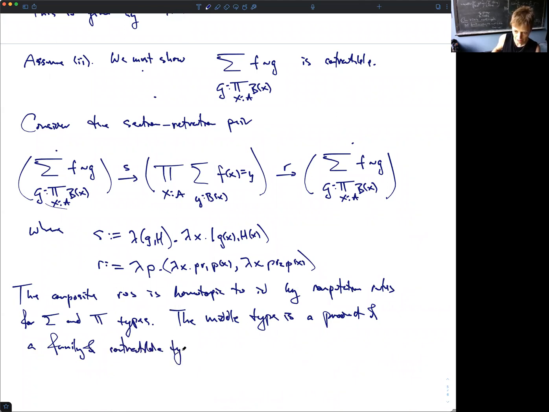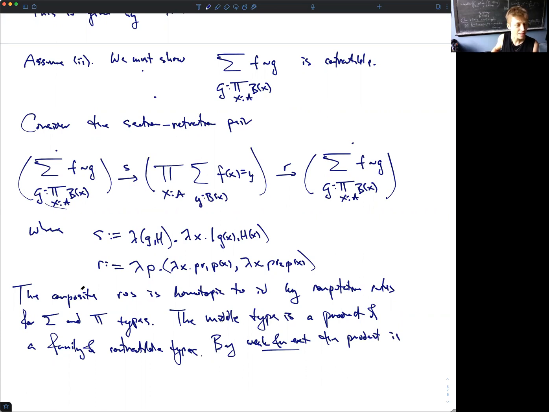In here, this is the based path space for the term f of x of type B of x, and we've seen many, many times that's a contractible type. So by weak function extensionality, this whole product is contractible. So by weak funext, this middle type is contractible.